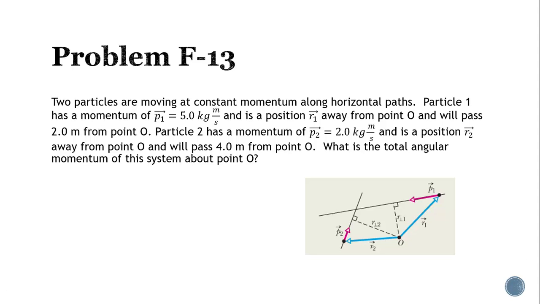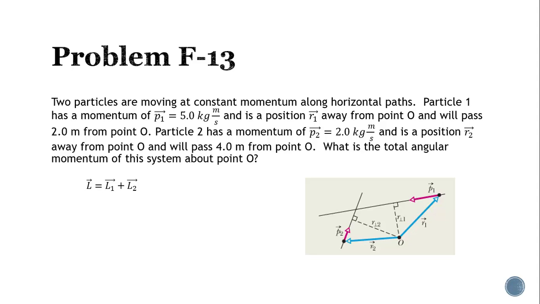The easiest way to solve this problem, if we think of angular momentum as r cross p, is to think of it as the perpendicular distance. What is the shortest distance that these two particles will actually get to point O? You do a very similar process when you do torque and you do r cross F. You look at what this angle in here is.